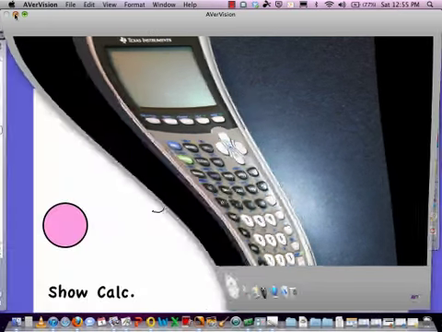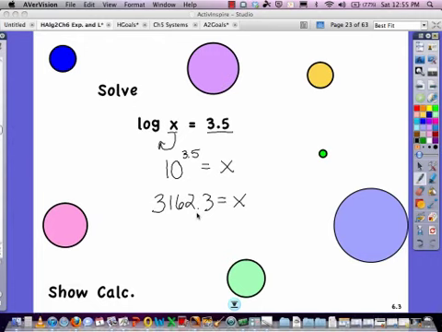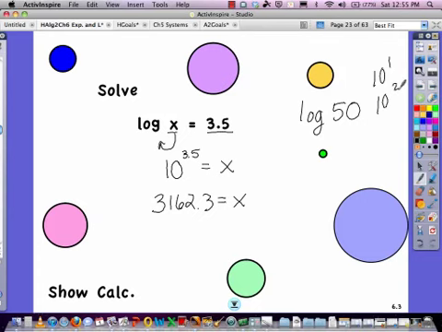So if we go back here to our page, and you can use your calculator without it, if I would say, what's the log of 50? Okay, so you know we're looking for an exponent in base 10 that gets us as close as we can to 50. Well, just off the top of your head, no calculator please, you should know 10 to the first, 10 to the second, 10 to the third, in our powers of 10.